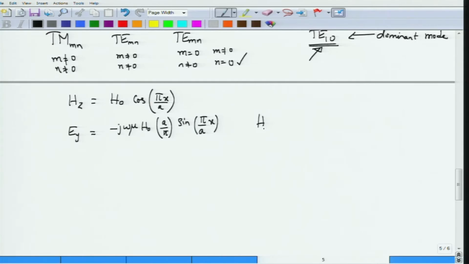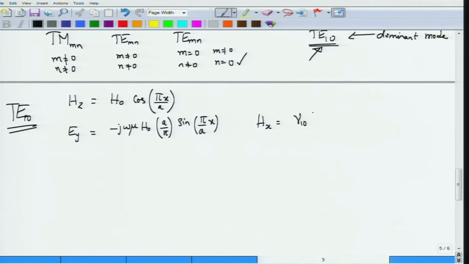So what would be the other component that would exist? Interesting, you have an Ey component, therefore the component that should exist must be Hx, and the Hx component will be gamma 10 because you are really writing down the solutions for the TE10 mode. So for the TE10 mode we can substitute m equals 1, n equals 0 and gamma is gamma 10, and you will have a component along sine.